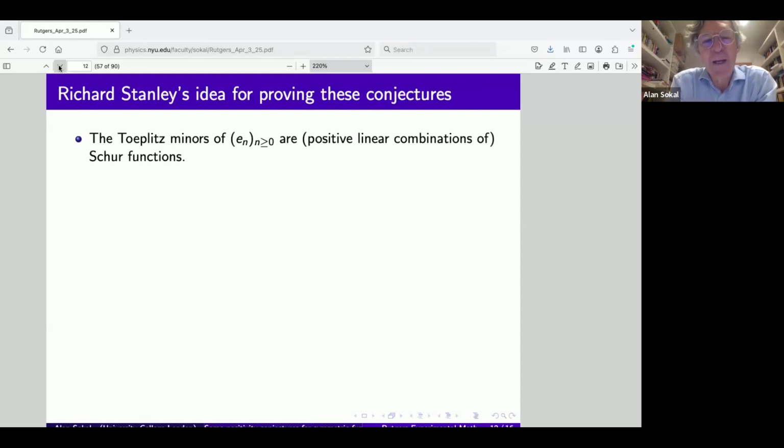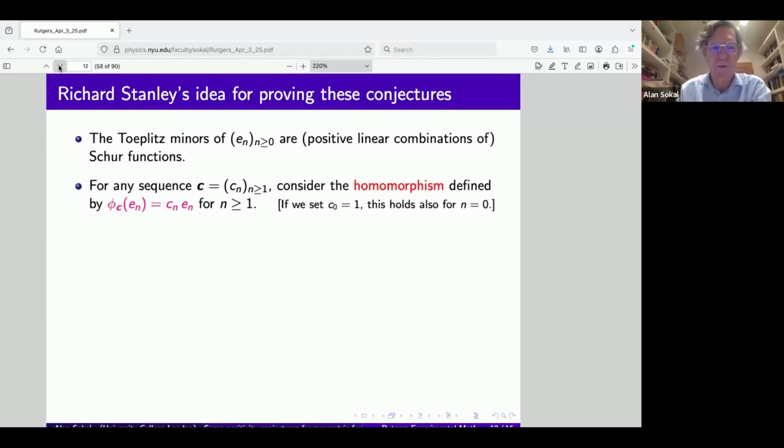He points out the Toeplitz minor, well, I pointed out earlier, but he reminded me, right? The Toeplitz minors of the E_n's are positive linear combinations of Schur functions. So for any sequence C, which could be numbers or indeterminates or whatever, consider the homomorphism of the ring of symmetric functions defined by phi of E_n is C_n E_n.